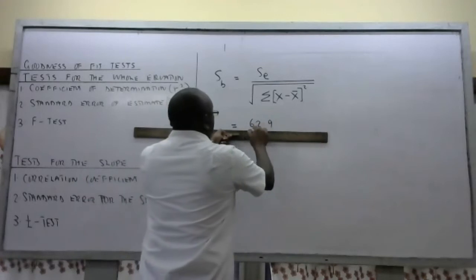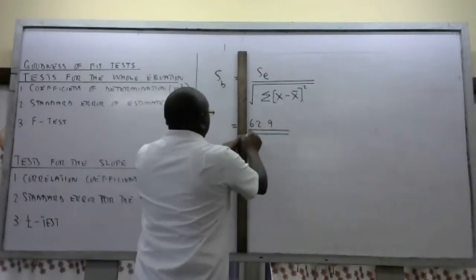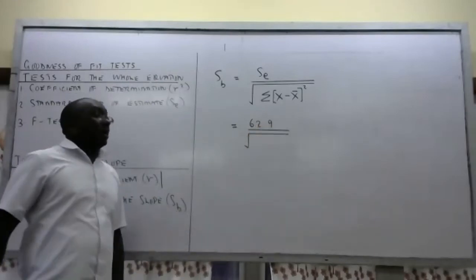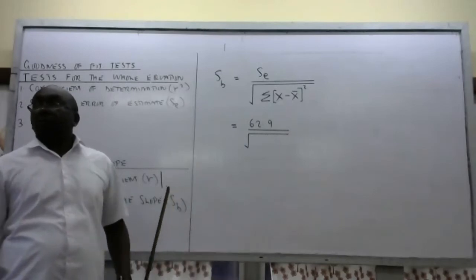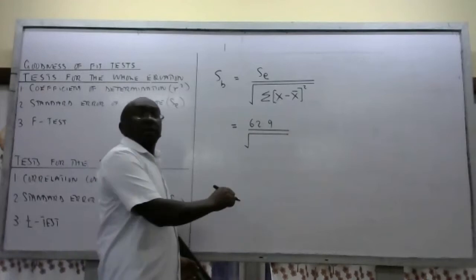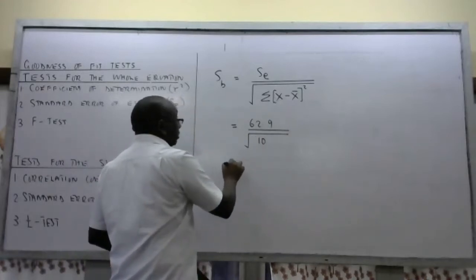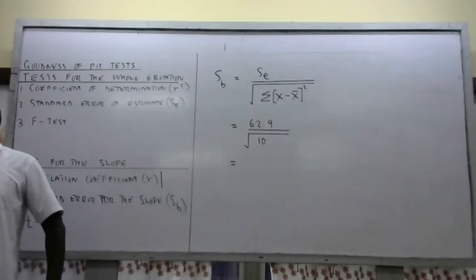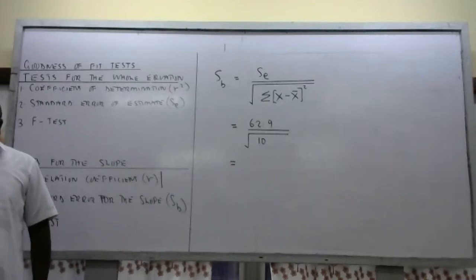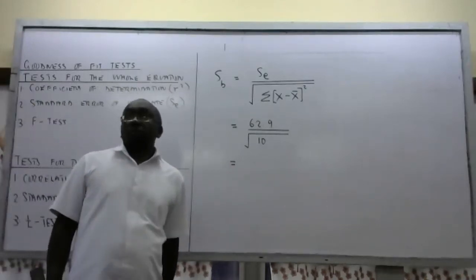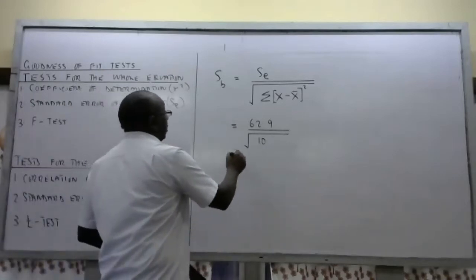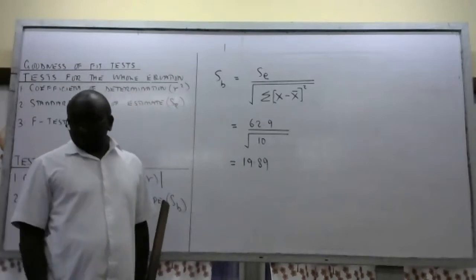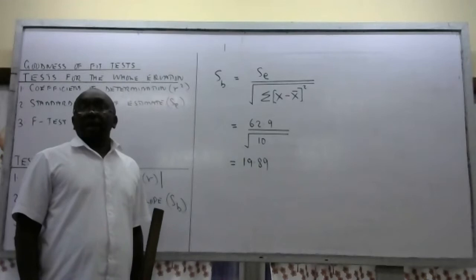So 62.9, you divide by the square root of, now go to the table, tell me the sum of x minus x bar squared. Ten. 19.89. Confirmed? Okay.